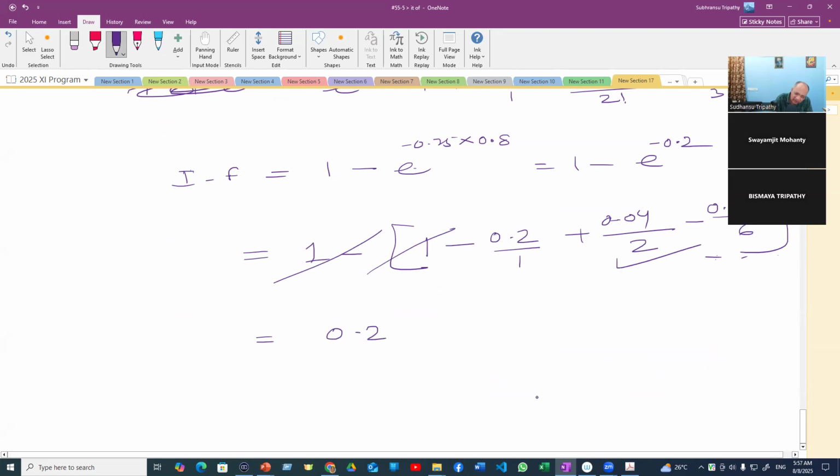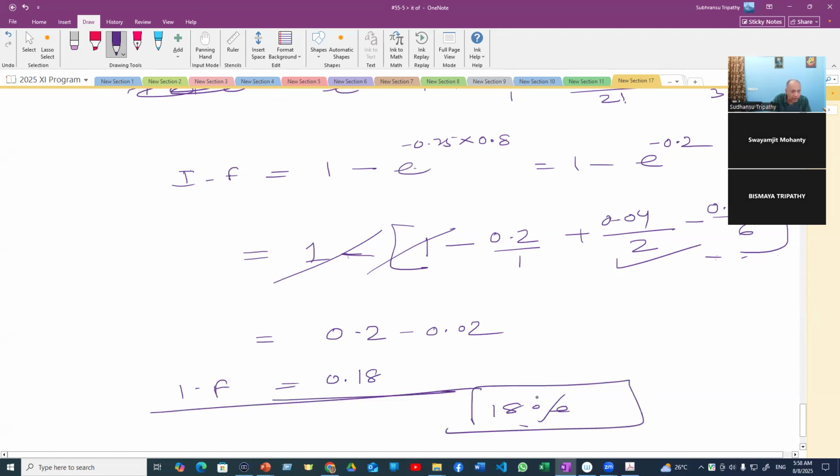So the ionic fraction is 0.18, which means 18%. The polar character or ionic character in the HCl bond because of the electronegativity difference is only 18%.